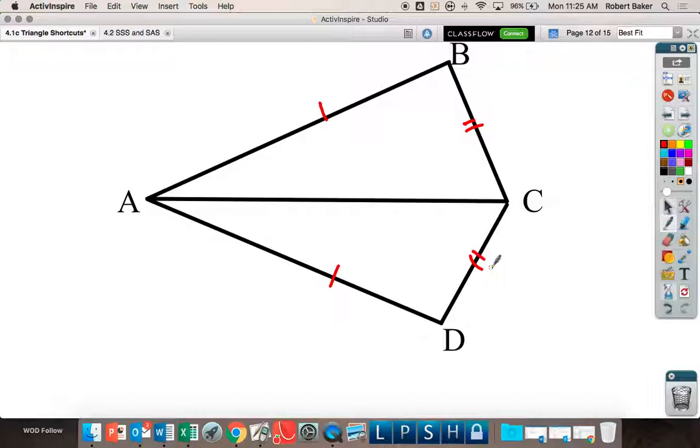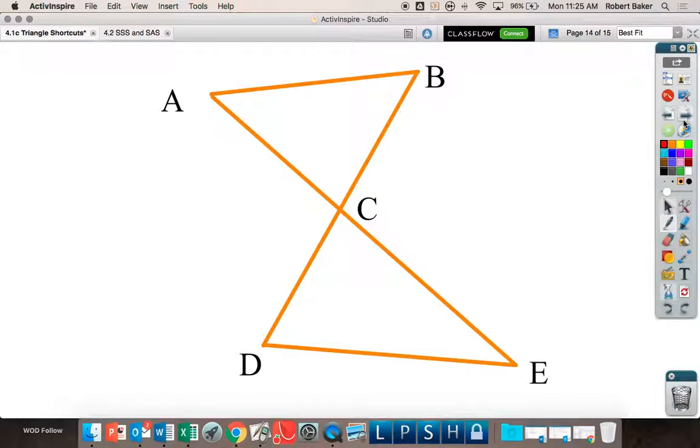What shortcut is that? That's the side shortcut. Even though it's not marked, it is true, because it's the reflexive property. They're going to browbeat you guys with that one a lot, right? In the other popular scenario, what if I told you it's an angle?